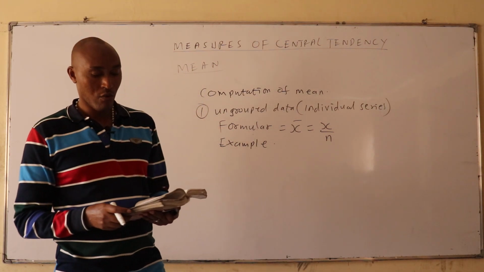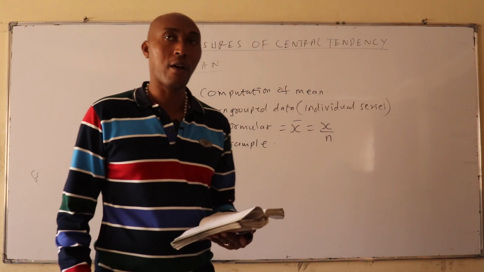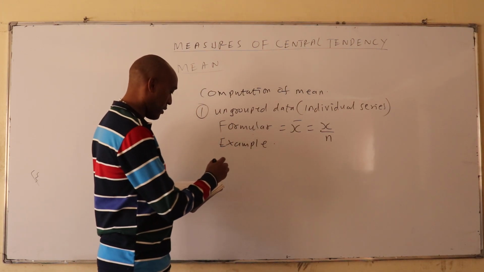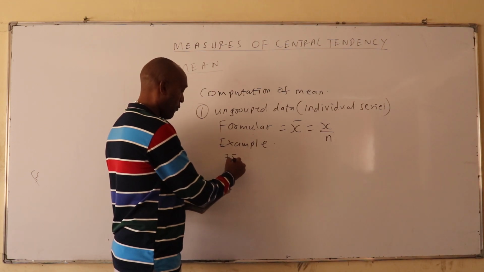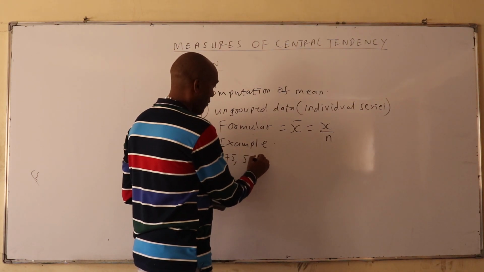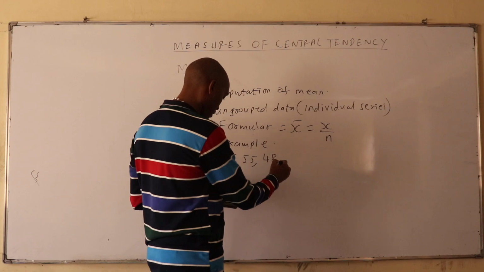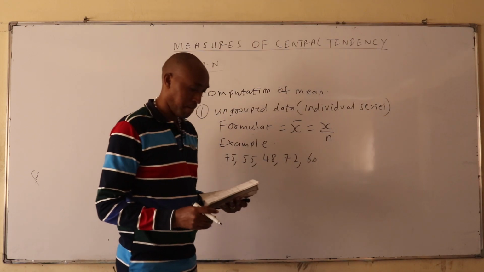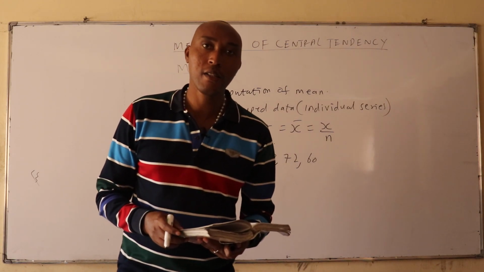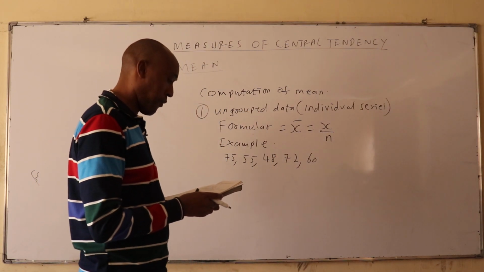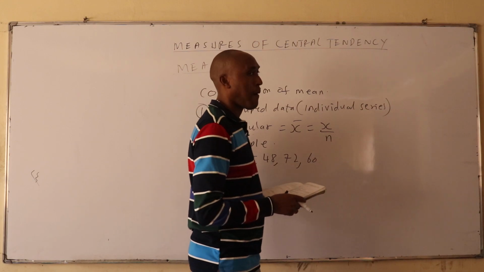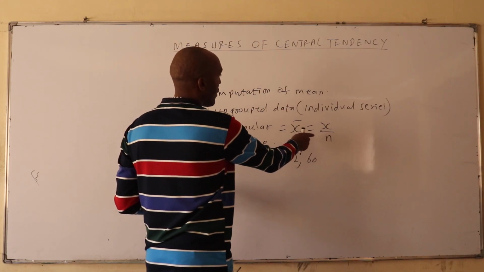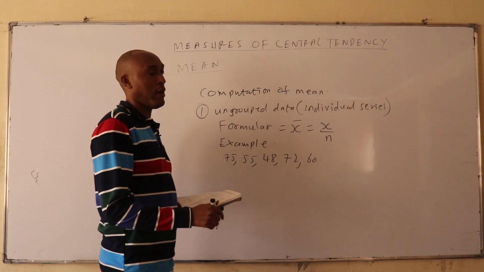Example: Kamau got the following marks in 5 subjects: 75, 55, 48, 72, 60. Find his average mark. So we are going to use our formula, mean equals Σx over n.